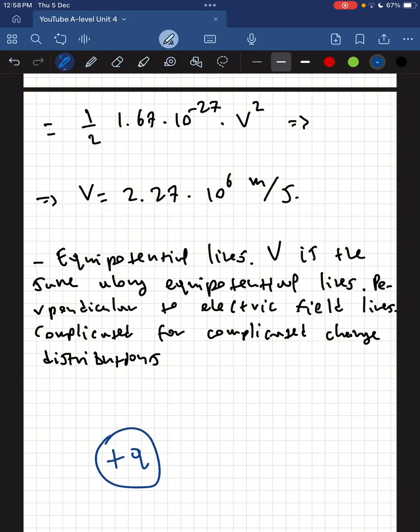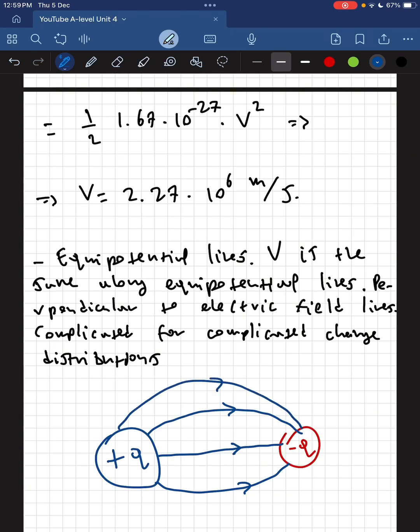So plus Q and minus Q. I'm not going to draw the whole situation, but remember the field lines look like this because a test charge is going to move along this line. And they look like this, away from the center and like this, and they go into the charge on this side, etc. So equipotential lines are lines along which the potential is the same, and they are perpendicular to field lines.